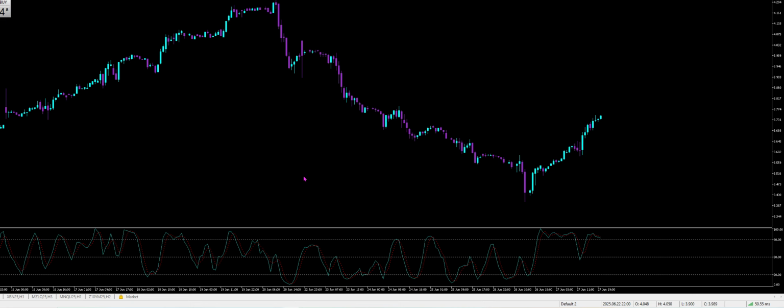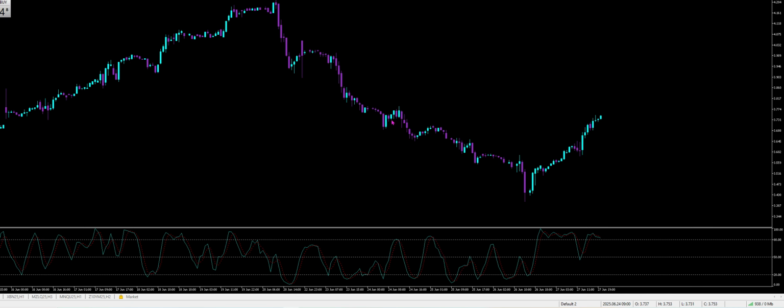Okay. So with this indicator, in this case, we had this big downtrend going. The best time to look at getting into a trade is when the oscillator gets up.